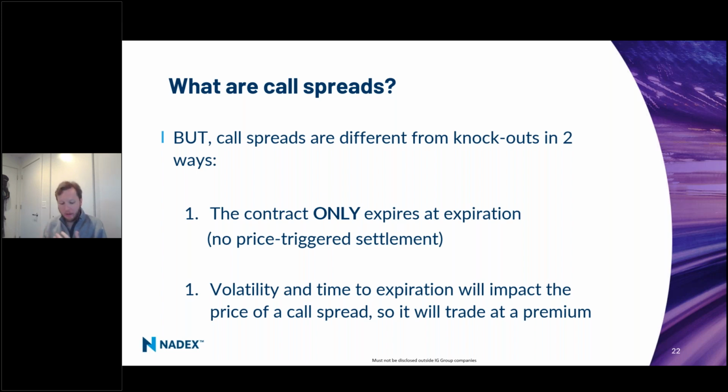The way you can think about this is with the knockouts, you're trading one-to-one, and if it hits the floor or the ceiling, you're out, the trade's done. While with the call spread, there's this optionality premium built in, because you're paying extra for the opportunity to be right.